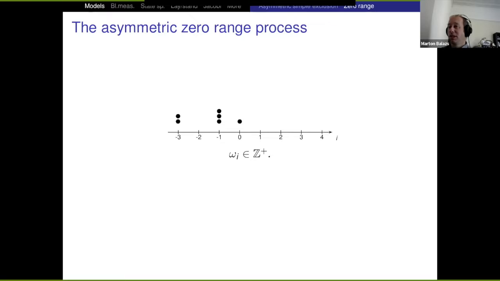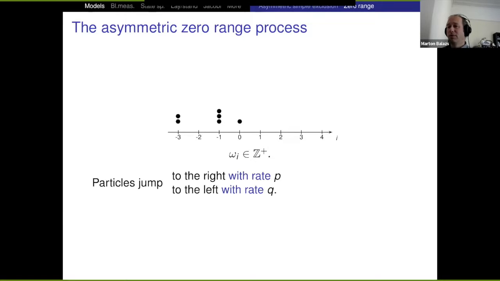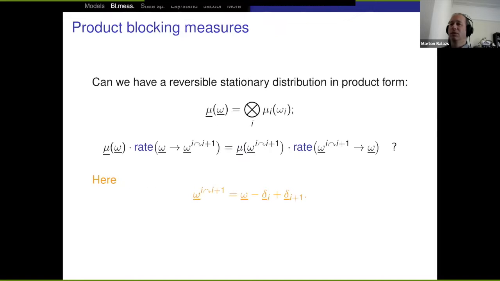And then that's zero range, again, asymmetric to the right. So right jump rate per edge is p, left jump rate is q, constant rate. So the jump rate over edges doesn't depend on how many particles are on the edges, and jumps always take place as long as there is somebody to jump. So again, asymmetric drift p minus q to the right, that's zero range.